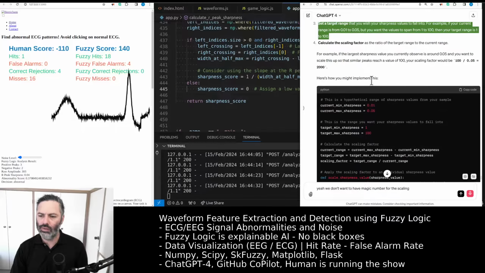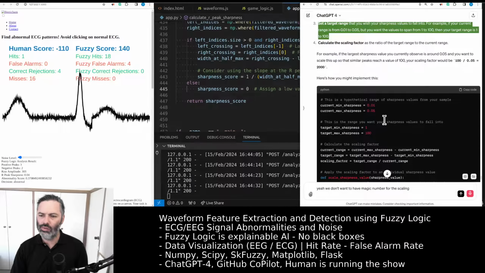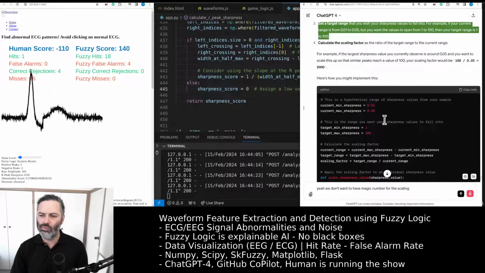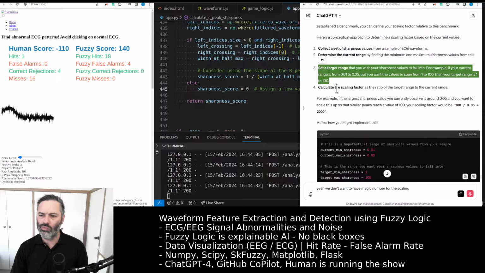Set a target range that you wish your sharpness values to fall into. For example, if your current range is from 0.01 to 0.05, but you want the values to span from 1 to 100, then your target range is 1 to 100.